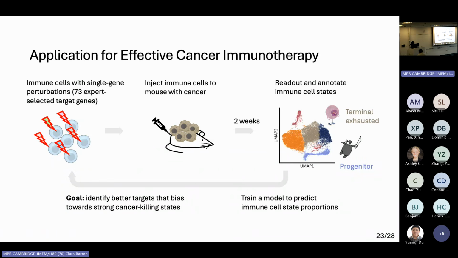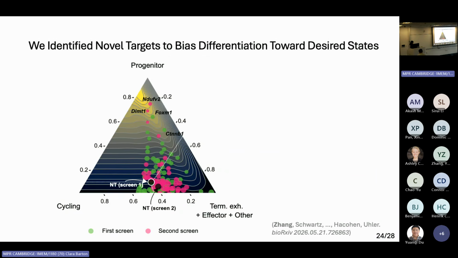So I'll just show you directly the result. You see here, again, it's a ternary plot. To read it, you can take each single dot and project a perpendicular line to each one of the axes. This is going to show you the proportion of progenitor, this is cycling, and this is terminal exhausted. Here, the dots correspond to the targets, and the green ones are the ones in the expert-selected screen of 73 targets.